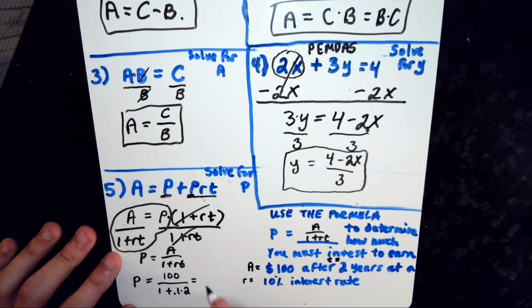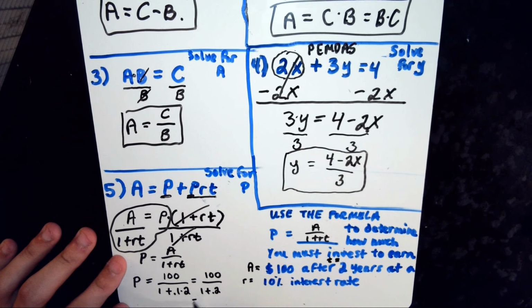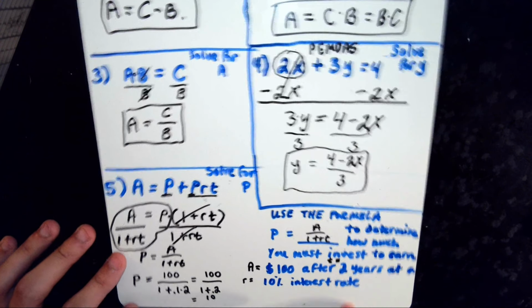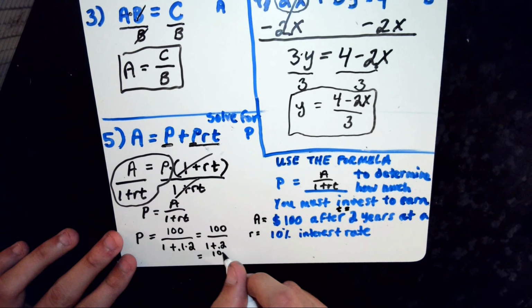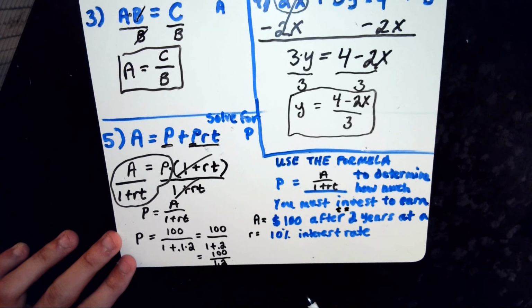Well, 0.1 times 2 is 0.2, so this is the same thing as 100 divided by 1.2.